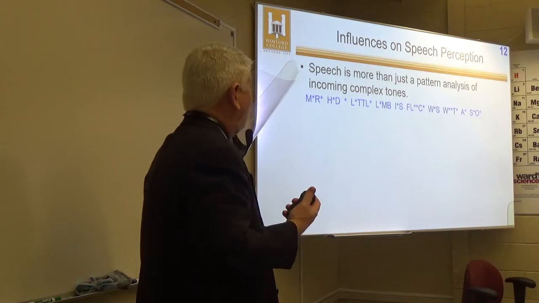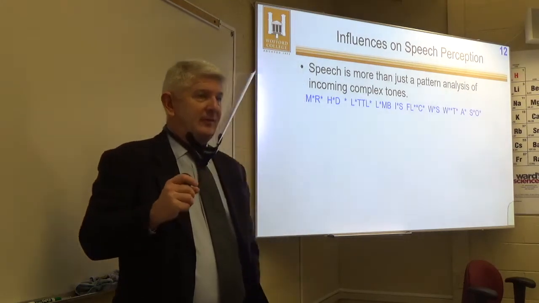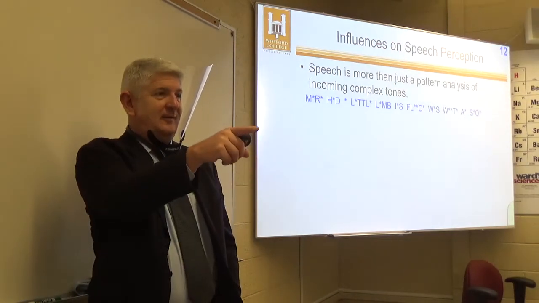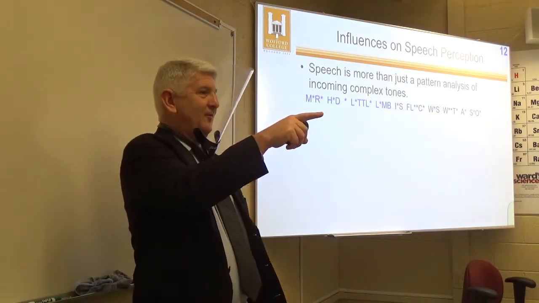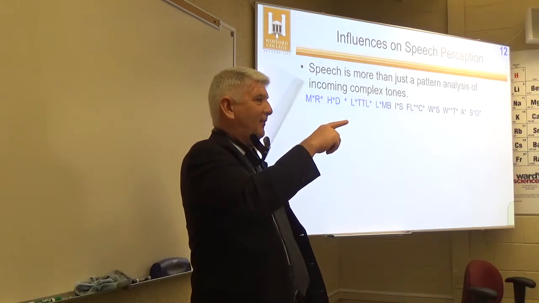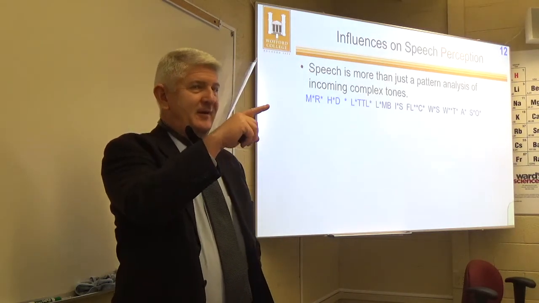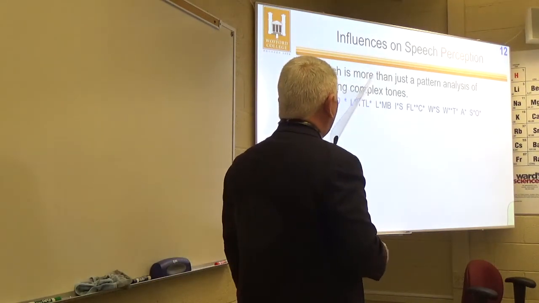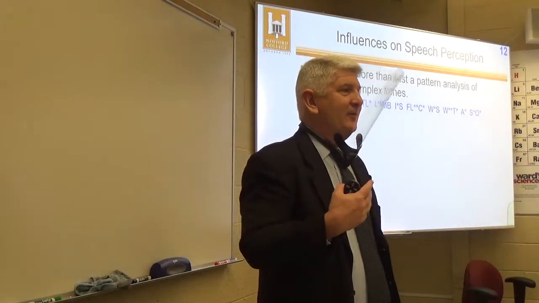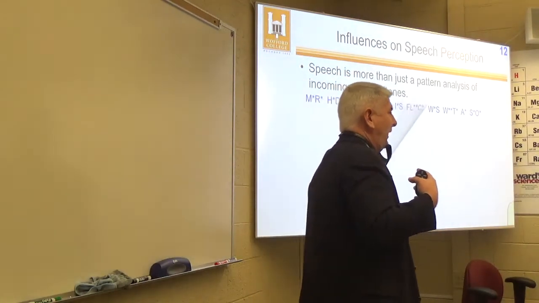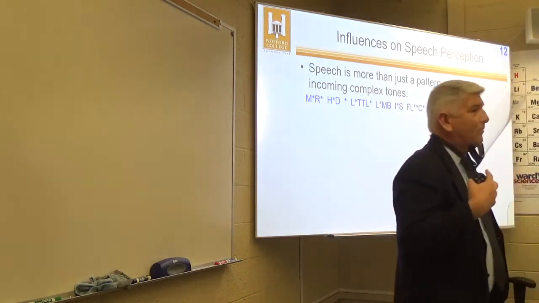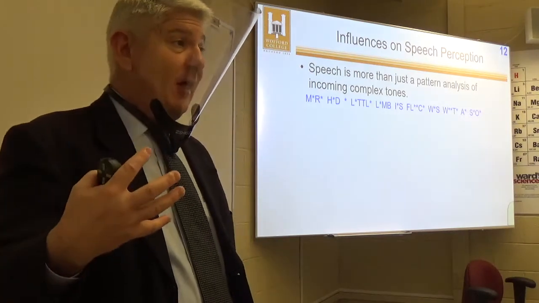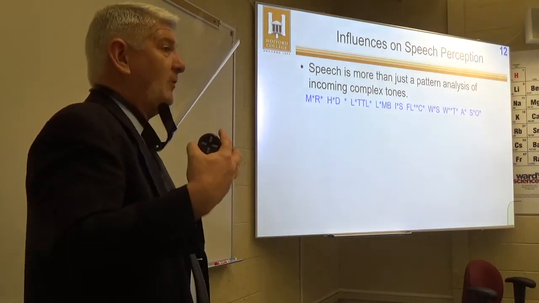So here's an example of that. Raise your hand when you can read what that says. Got one here, here. Everybody got it? What does it say? Right. So even though half of the letters are missing from that sentence, you all are able to identify that because of top-down influences, because it's something that you have seen a lot, and you're able to fill in the blanks.